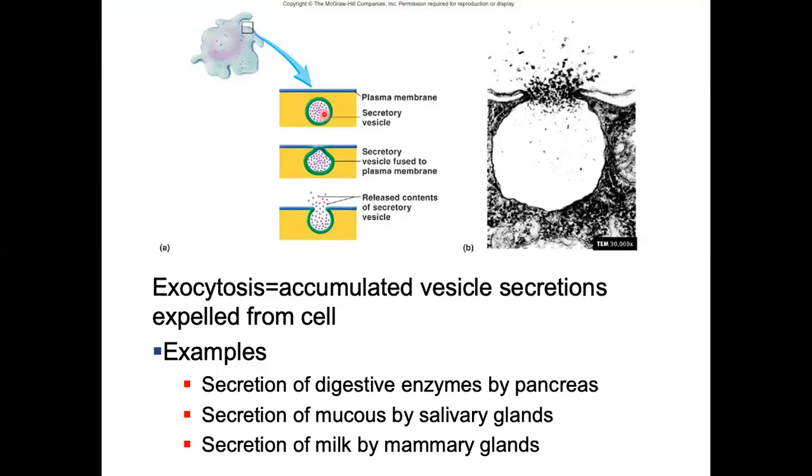Exocytosis would be a secretory vesicle. So let's say this is saliva or salivary amylase. The vesicle with the amylase merges with the plasma membrane and dumps its contents out, so it releases the enzyme. This happens with mammary glands as well, and digestive enzymes by the pancreas.